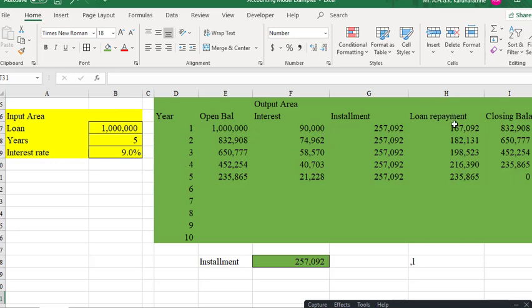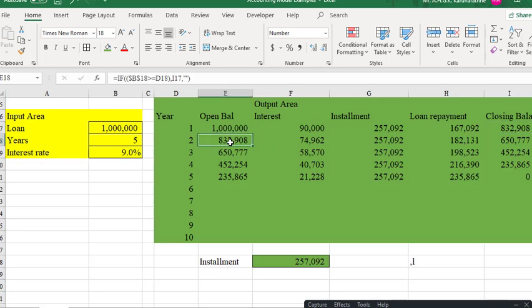So you are really paying back your loan by 167,092 rupees. Accordingly, at the end of the year, your loan balance is reduced from 1 million to 832,908 rupees.